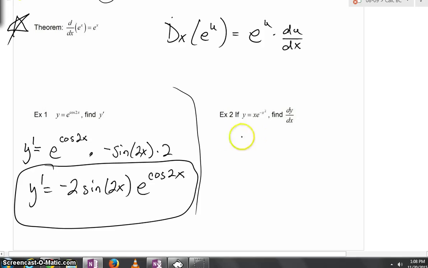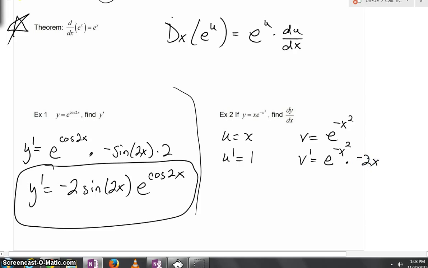We have, u would be x, and v, the other function, would be e to the negative x squared. Let's see, u prime, what's the derivative of u? It's just 1. Hey, what's the derivative of v? What would we get? E to the negative x squared. Ooh, chain rule here.